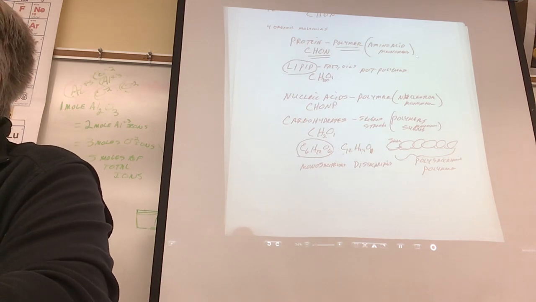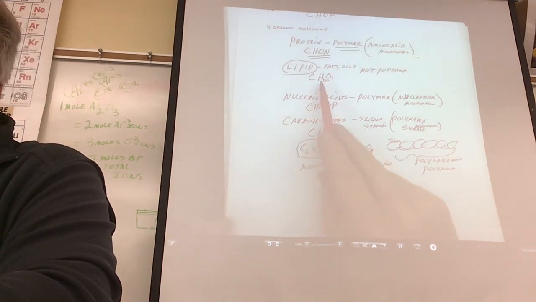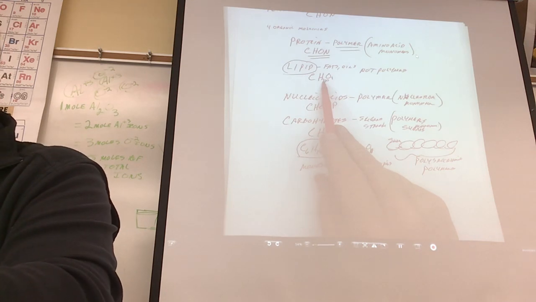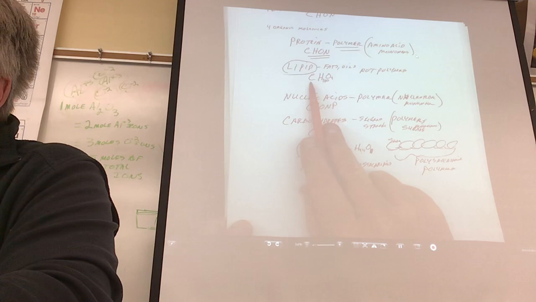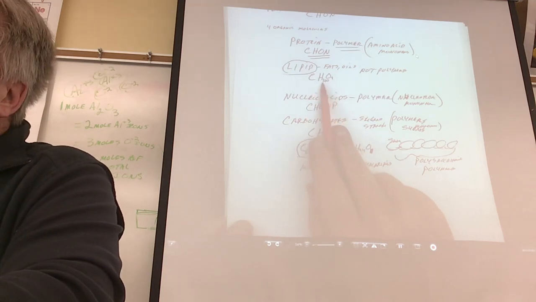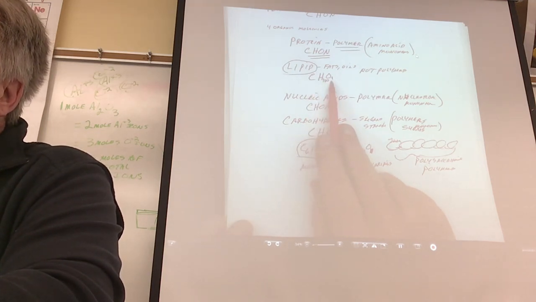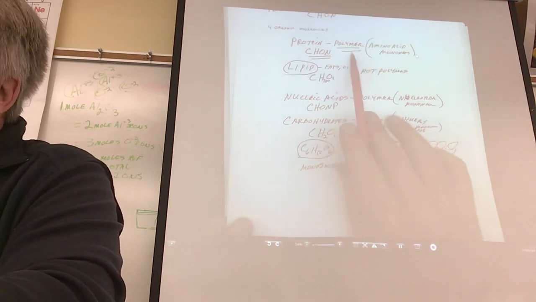If you get your blood tested, they test for lipids. They want to know how much lipid is in your blood. So I'm not going to spend a whole lot of time on this one. It's made of carbon, hydrogen, oxygen with a very high ratio of H to O.